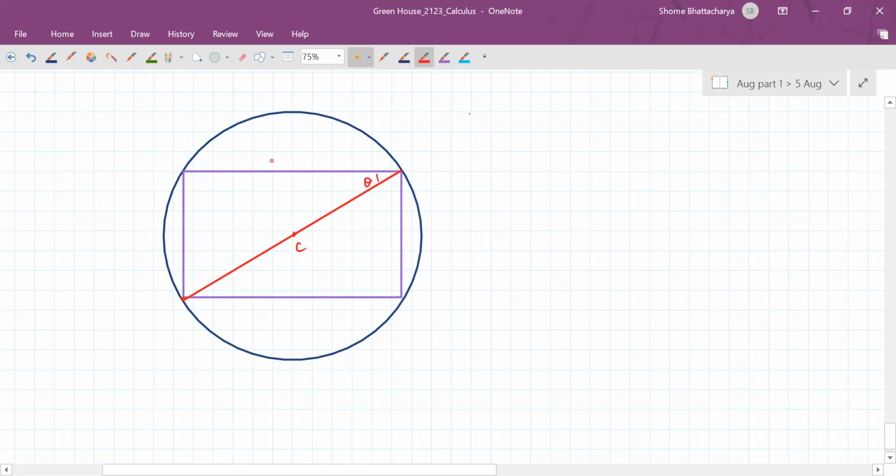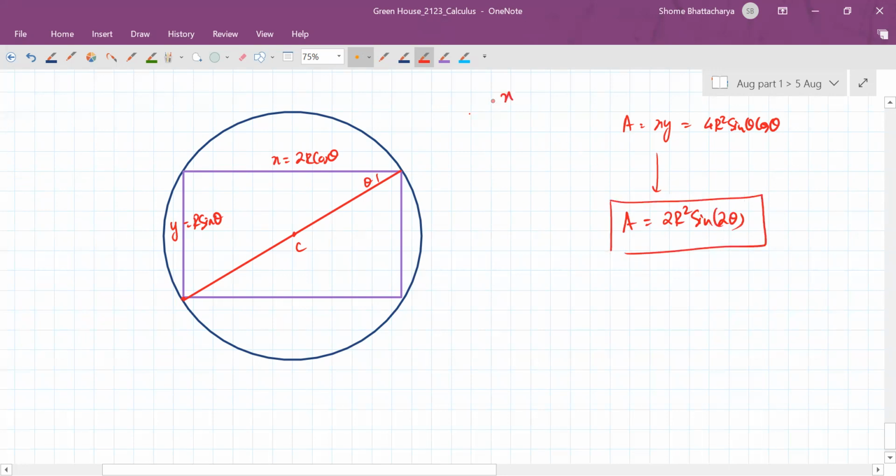If this angle is some theta, then what we had taken as x would become 2r cos theta, and what we had taken as y would become 2r sin theta. So our area, which is x into y, becomes 4r square sin theta cos theta. Now this is where your trigonometry comes in. This can be expressed as 2r square into sin 2 theta.